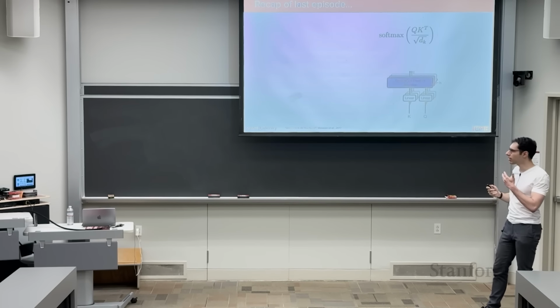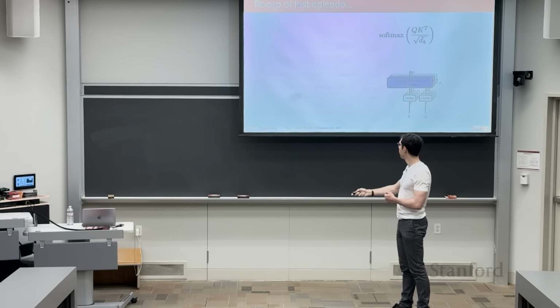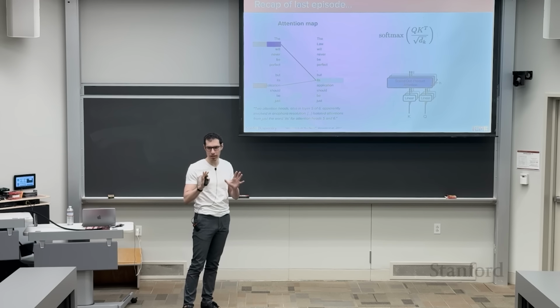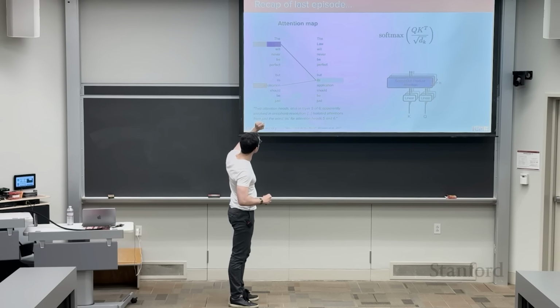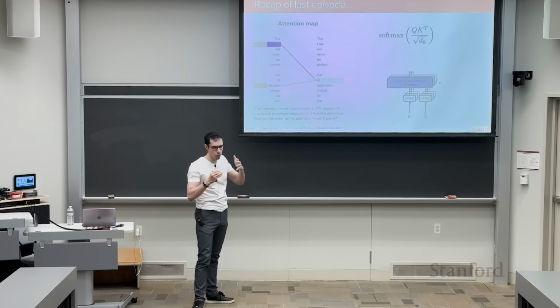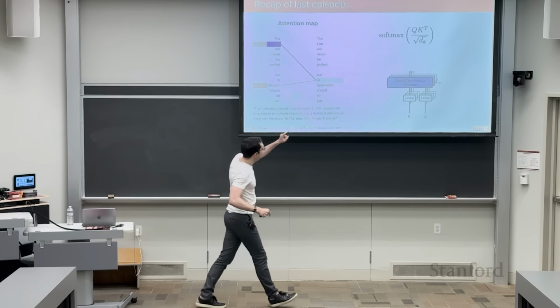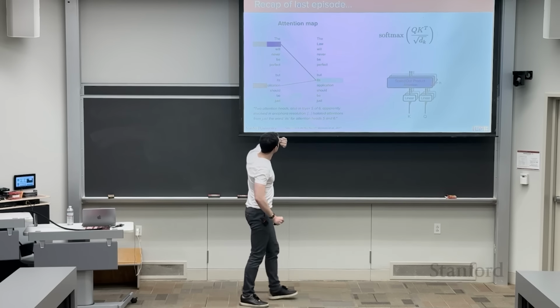To better visualize and understand what this means, I also wanted to show what is being shown in the paper, which is a way to interpret what each of these heads do. We have this concept called attention map, which tries to represent the value of each of these query dot key products.